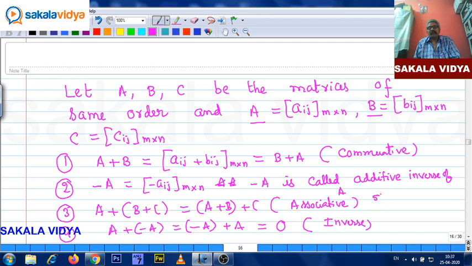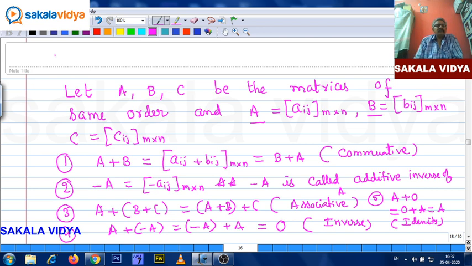And also one more: if you add a null matrix of the same order, A plus O equals O plus A equals A. This is called the identity property. These are the addition properties: commutative, associative, inverse and identity. Here we have discussed the additive inverse also.